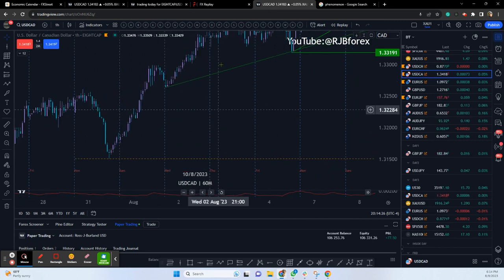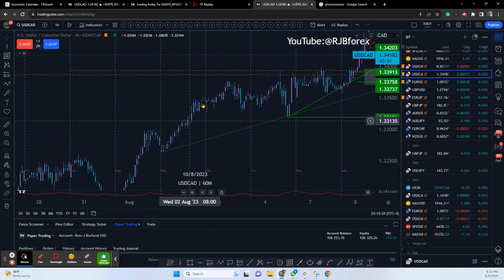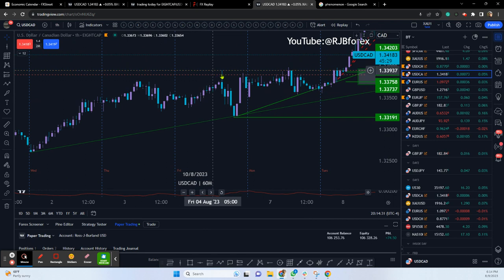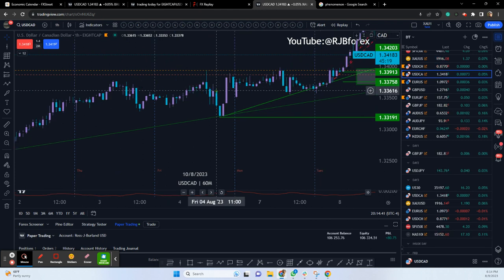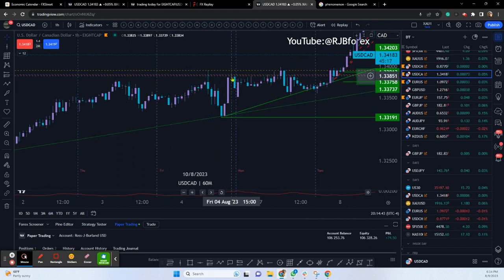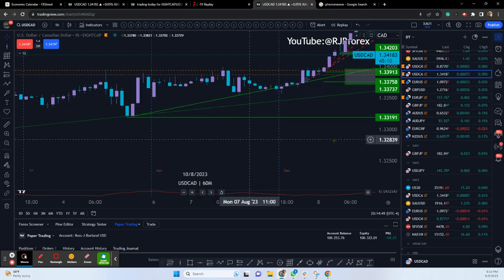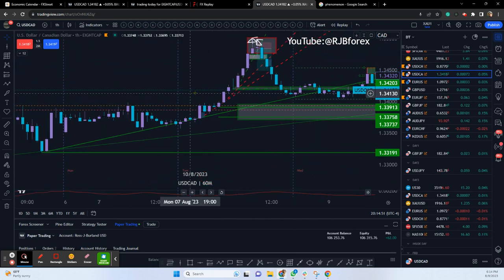Day 1, day 2, 3. This tends to be day 1 because we want to close above Friday's highs. We close it back inside, so it's a failed breakout. Day 1, day 2, day 3.